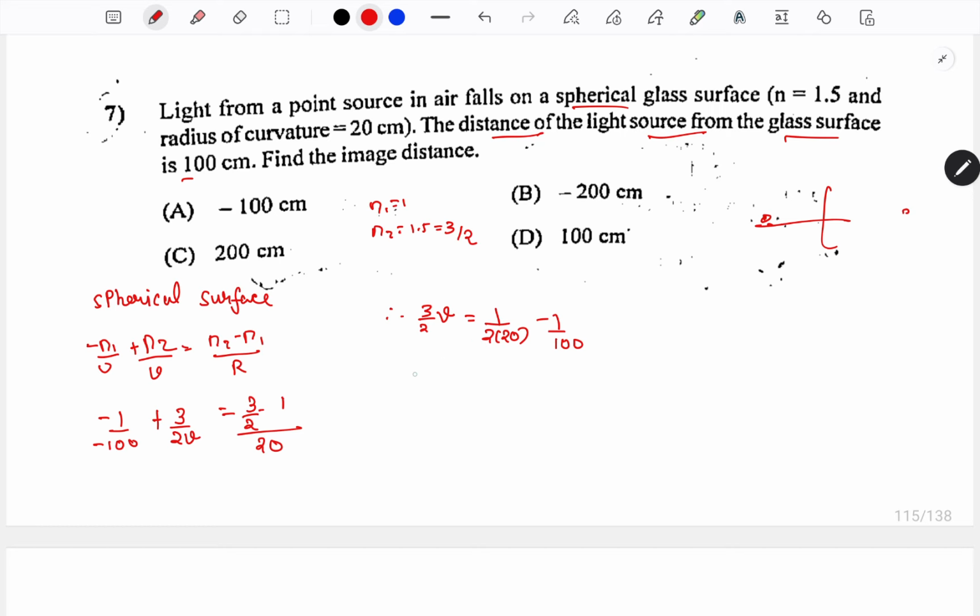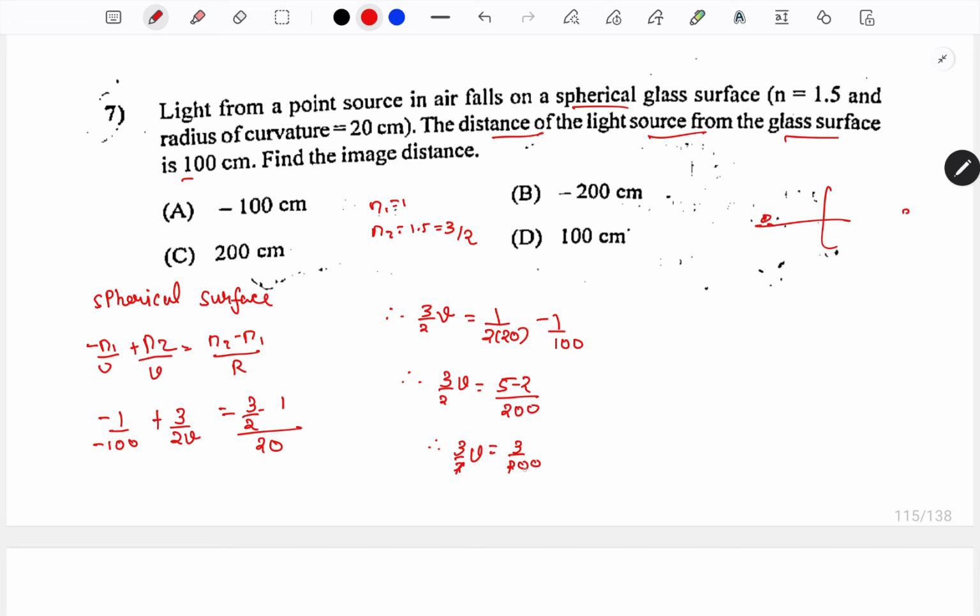The 100 will come to this side, therefore 3 by 2v is equal to 5 by 2 divided by 200, taking LCM. Therefore 3 by 2v is equal to 3 by 200.